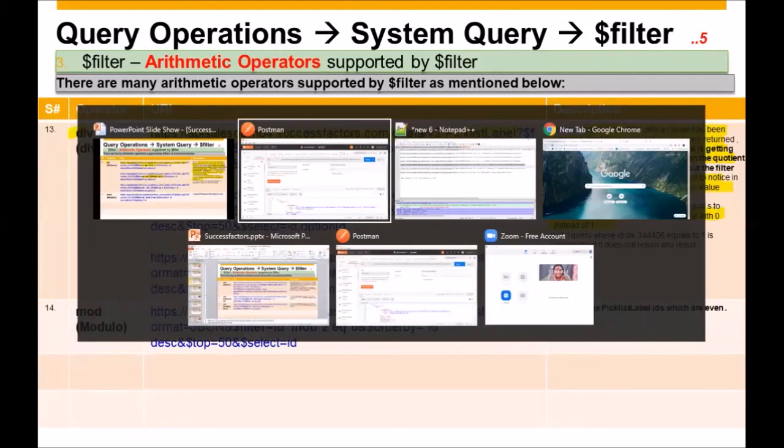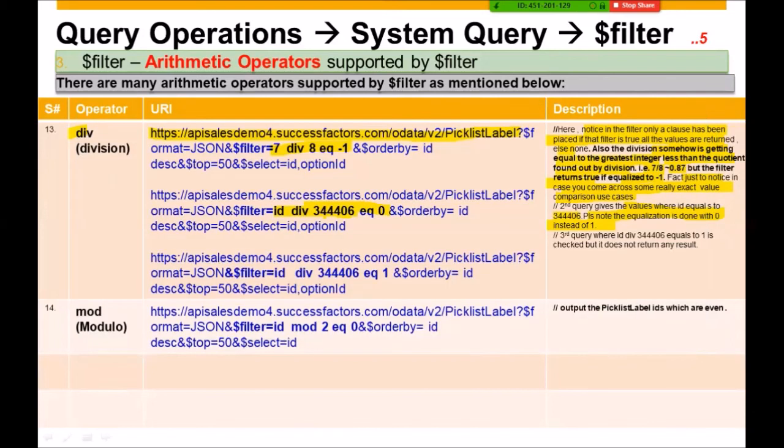Similarly, if we come back to the slide points here again, we see that we are now querying the biggest label object, third query, and we have ID division 3444006 equals 1. That is what we just saw, where third query ID division equals 1 is checked.